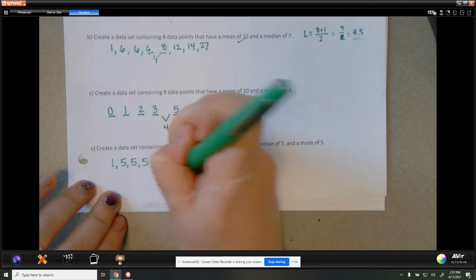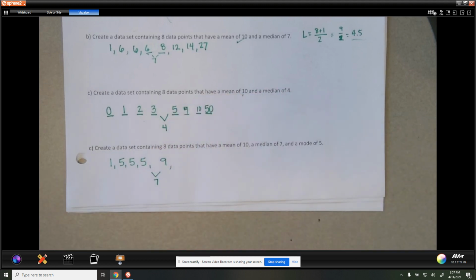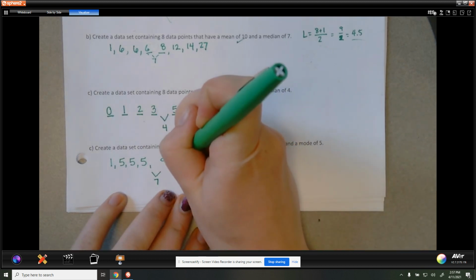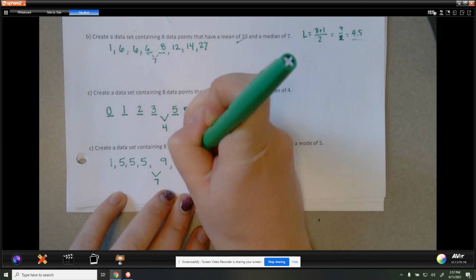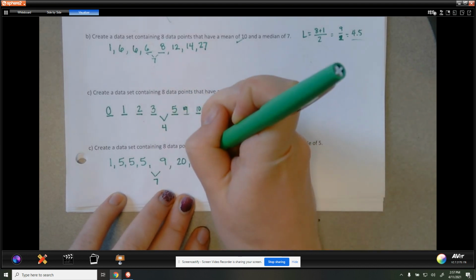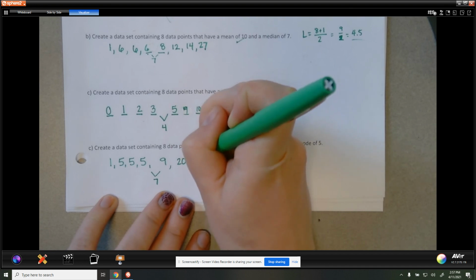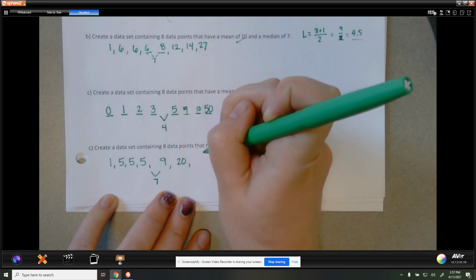So then, okay, so I've got 1 plus 5 plus 5 plus 5 plus 9. That's 25. I need to get to 80. So I've got 55 more to go, and these could be anything. So I could do 20, well, 20, 35, let's see.